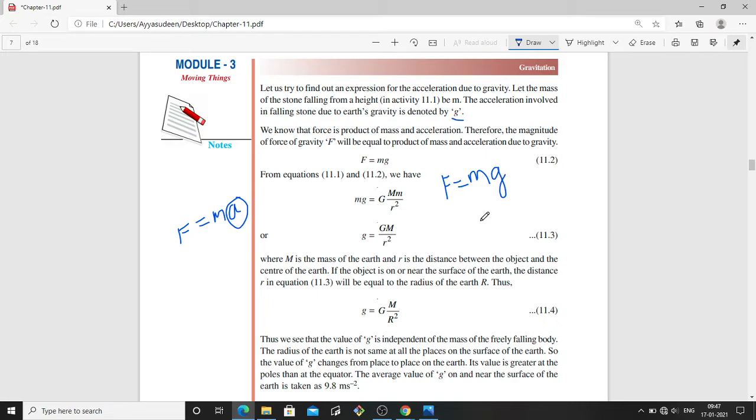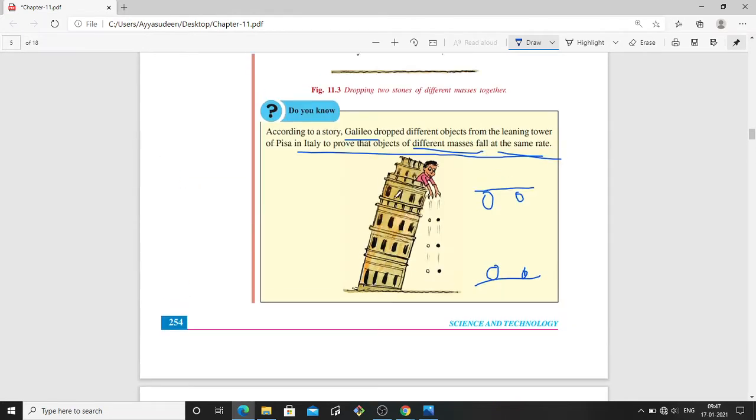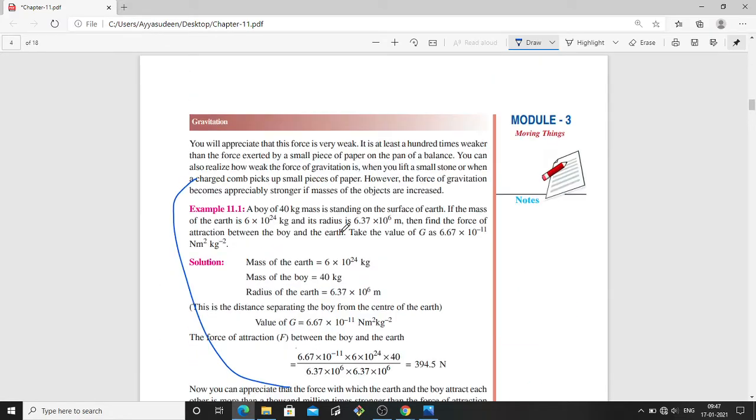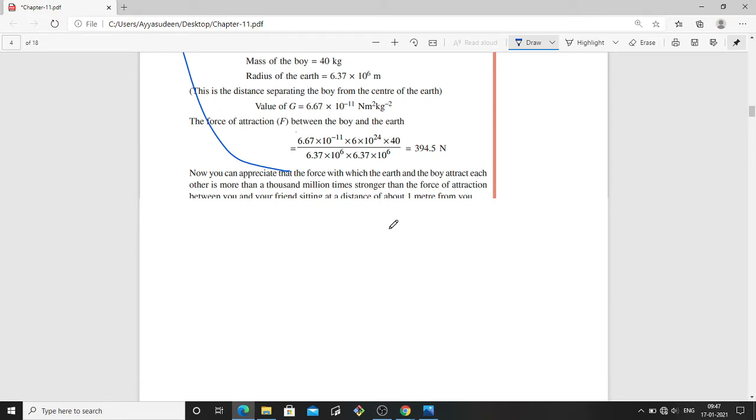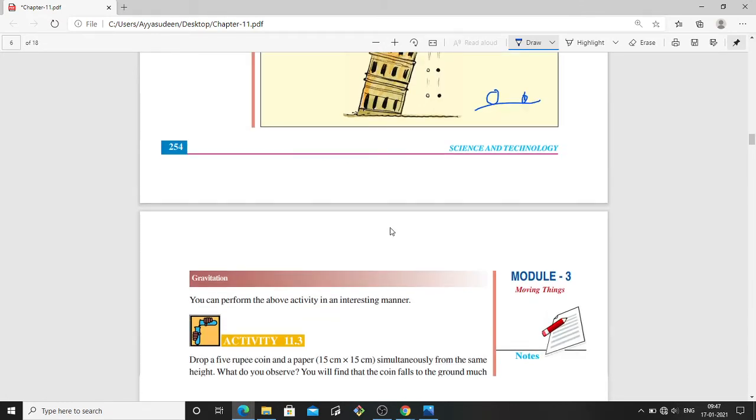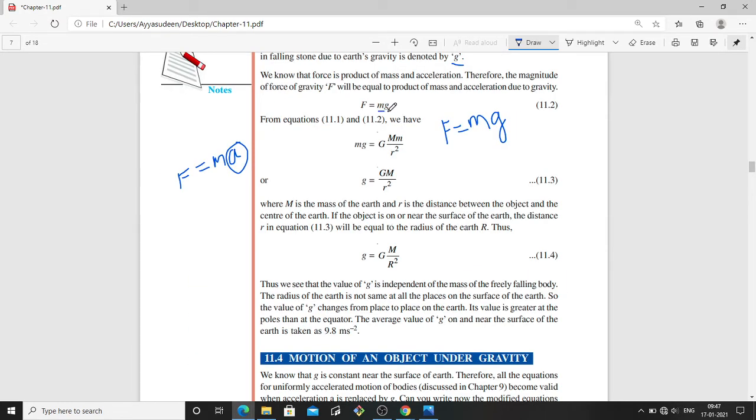Now we take the formula for the gravitational force and replace it here, so mg equals G M m by r square.